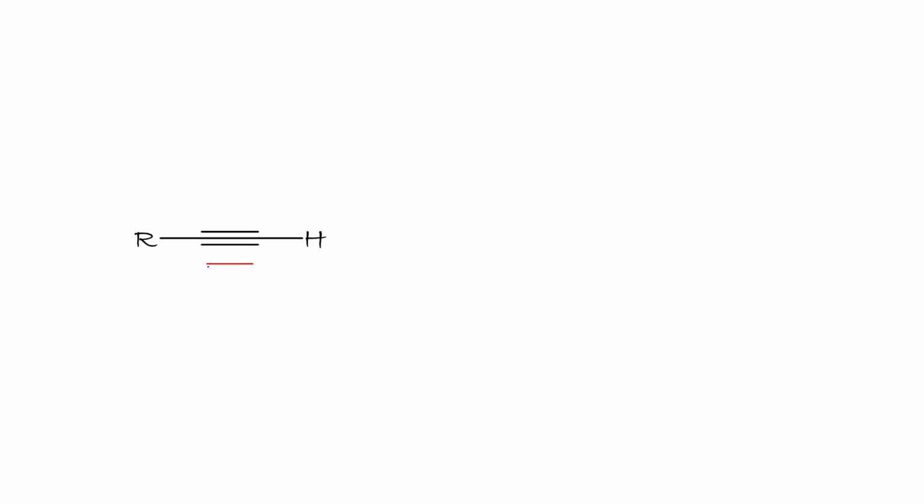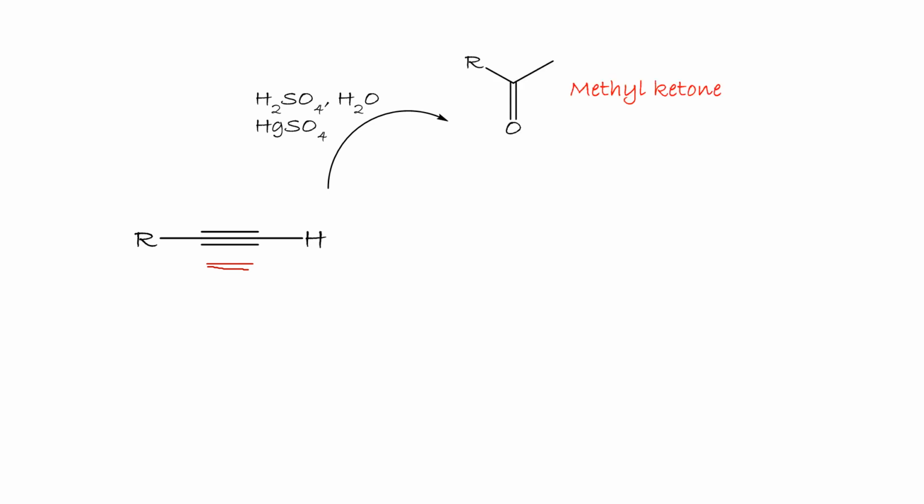Starting with terminal alkyne, hydrate with sulfuric acid, water, mercuric sulfate as a catalyst. You get the hydrogen attached to the carbon carrying more hydrogen, which will be the terminal one, and the OH to the more substituted to give, after tautomerism, methyl ketone.